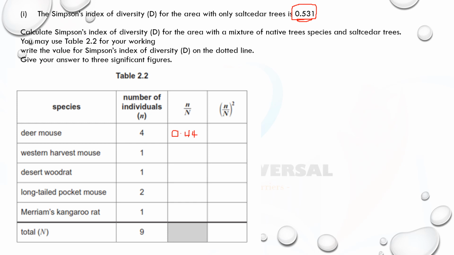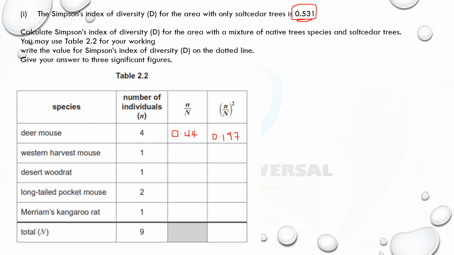But what does it give you? I have 0.19, 0.197. Whatever I have, I square it.